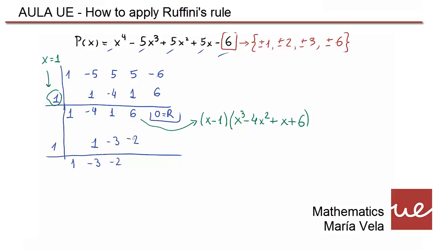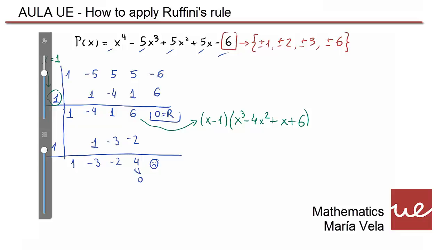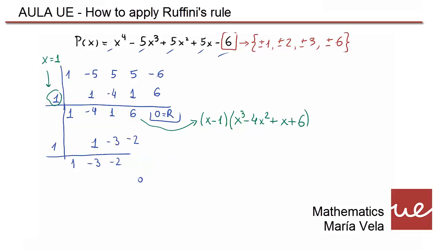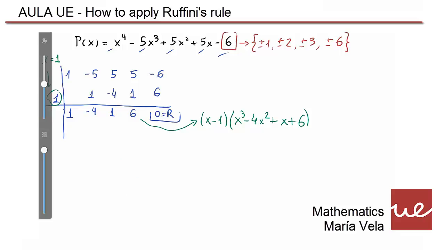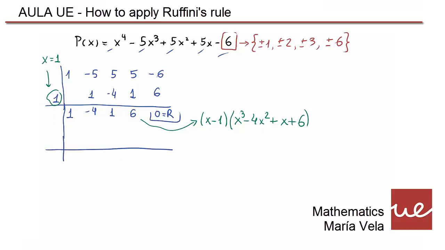Minus 2 times 1 is just minus 2. Now the problem is that 6 minus 2 is equal to 4, and it's different from 0, so this time we are quite unlucky because this number is not 0, and number 1 is not a root of the previous polynomial. So we just need to erase everything and try with the second divisor.